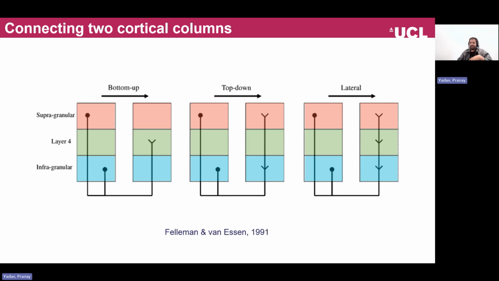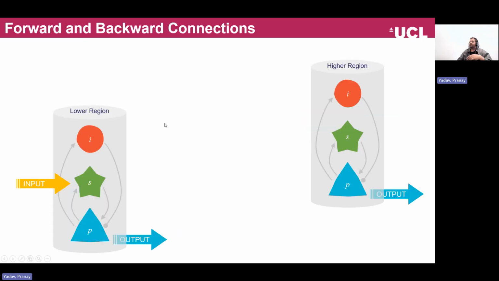In DCM, let's say we have two regions, one lower in the hierarchy, one further up in the hierarchy of cortical processing. The output of the lower region is fed to the spiny stellate population of the higher region.